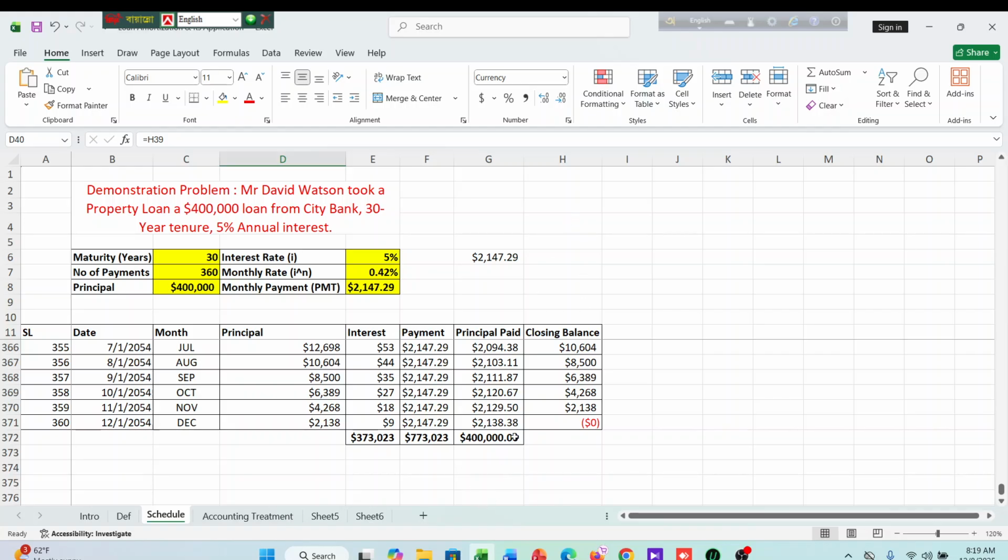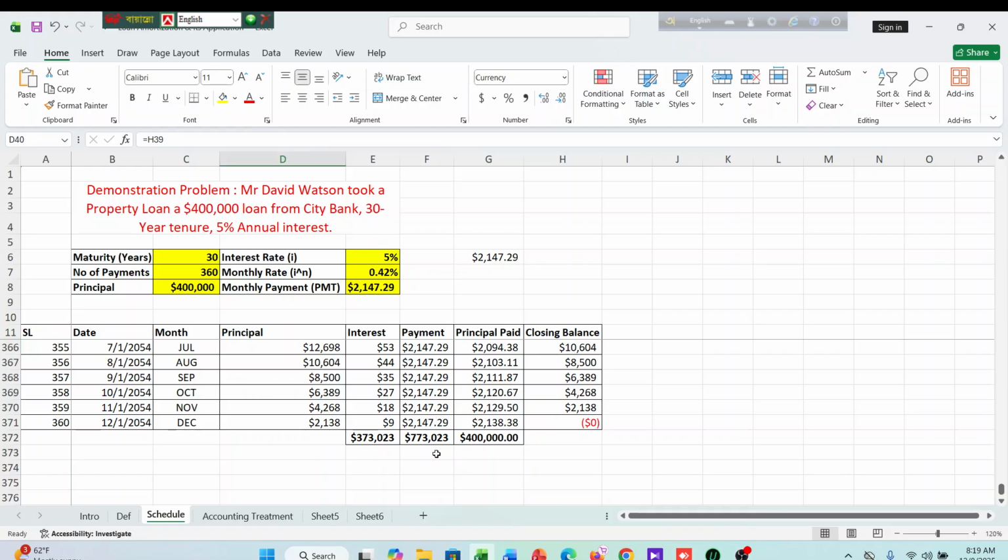We took 4 lakhs from the bank and paid interest of 373,023. In total we paid 773,023 US dollars. It's not a small sum, it's a big sum. It helps our understanding whether taking the loan from this bank will be suitable for me or not.